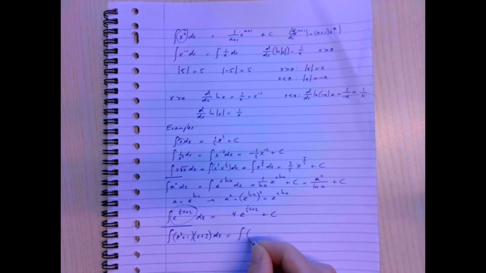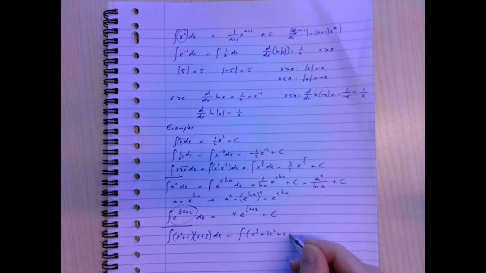That's x to the power 3. Then we have x squared times 3, so it gives me 3x squared. Then we have the 1 times x, so it gives me plus x. And finally we have a 1 times 3, so it gives me plus 3 dx.